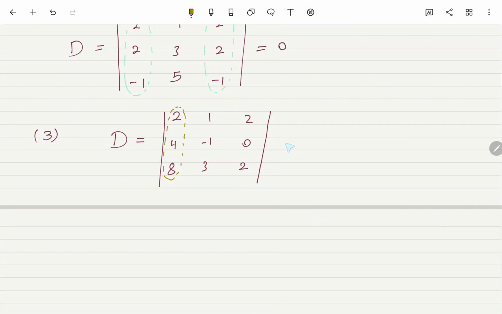So we can state that the value for this determinant is equal to the factor 2 multiplied by 1, 2, 4, 1 minus 1, 3, 2, 0, 2.